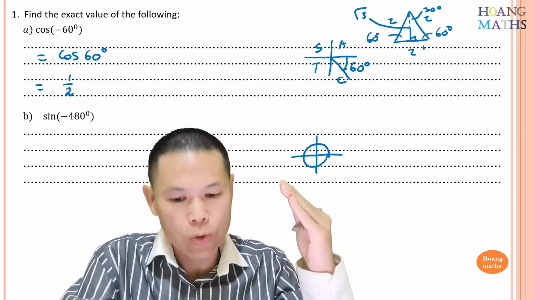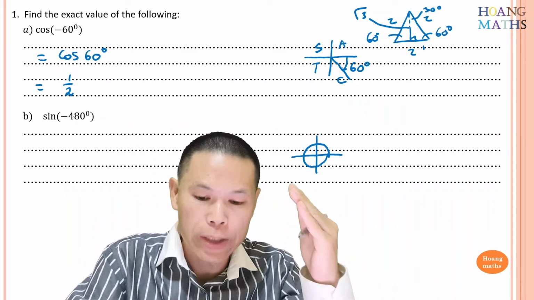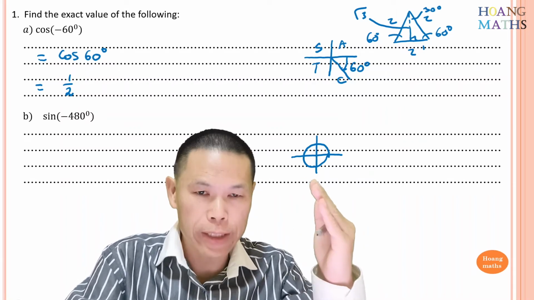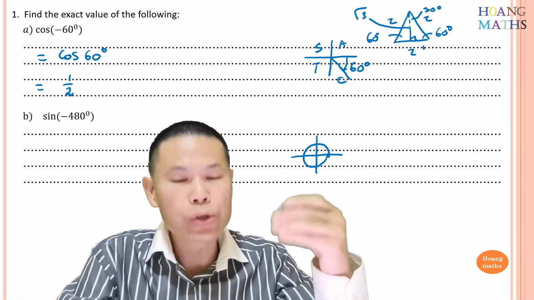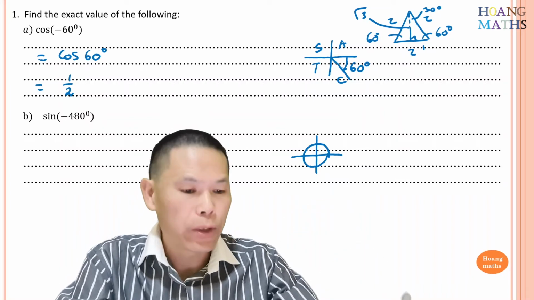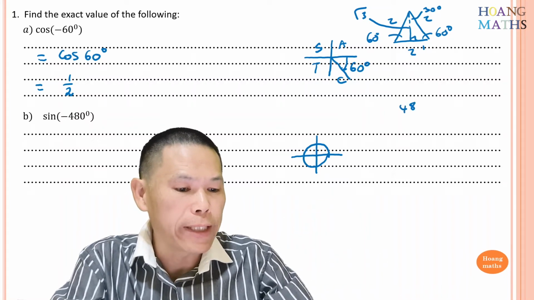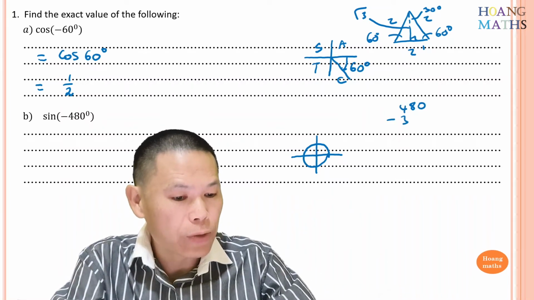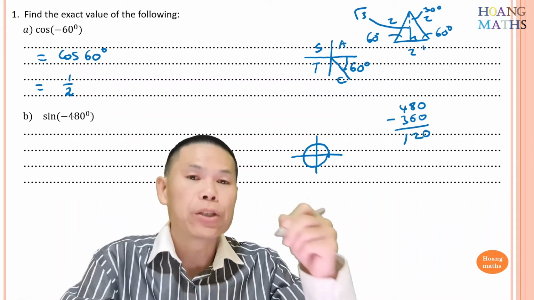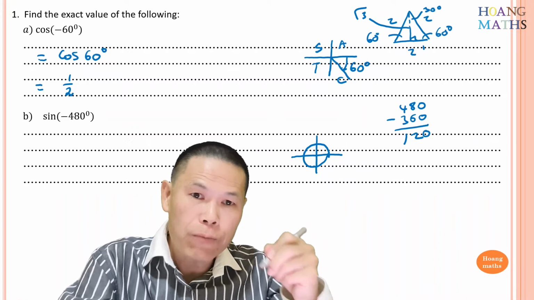To work this out, all I need to do is 480 minus 360 degrees. We can use a calculator or do it manually. 480 minus 360 gives me 120. So we go further, negative 120 degrees.